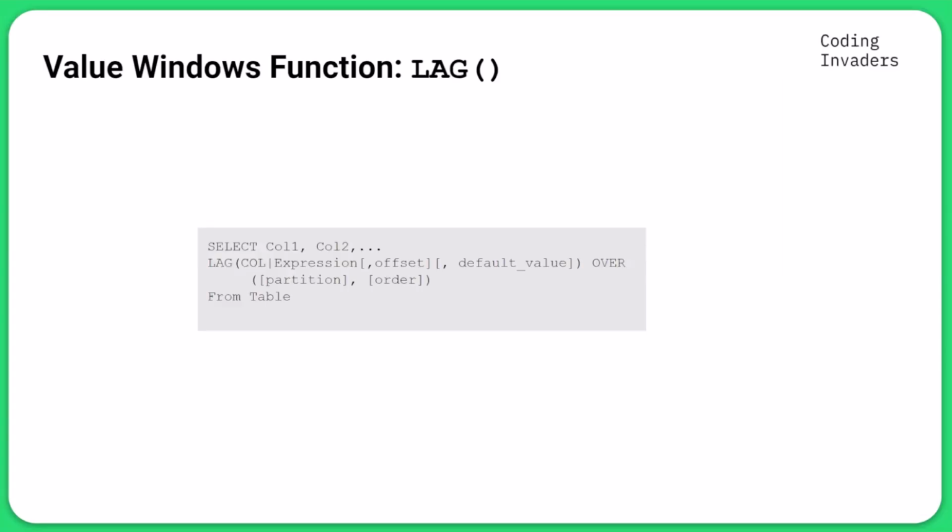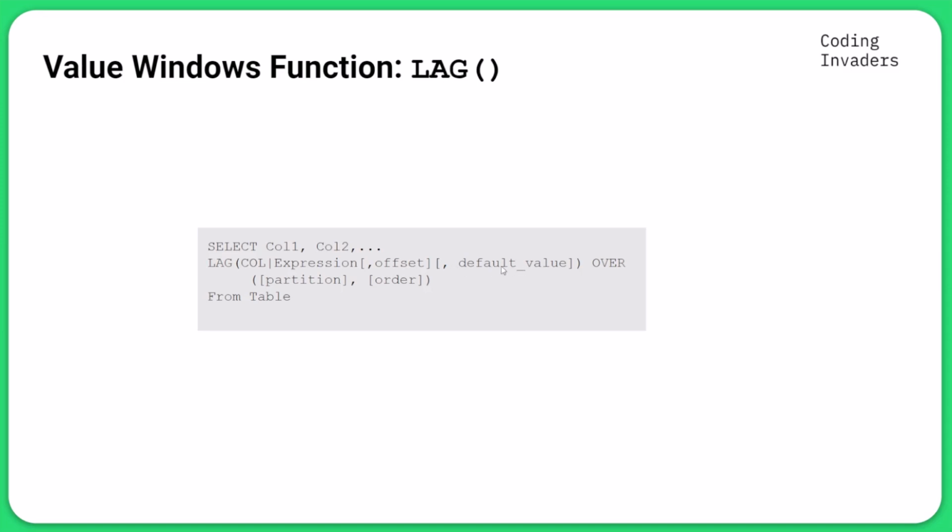Now, we can look at the syntax, like we did in our query. We selected our columns using select star. Then there is a lag function which takes a column or expression, and there are two optional arguments. The square brackets mean that these arguments are optional. Offset means whether you want to look at one row previous or n minus 2 row.